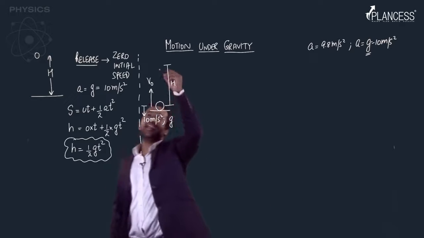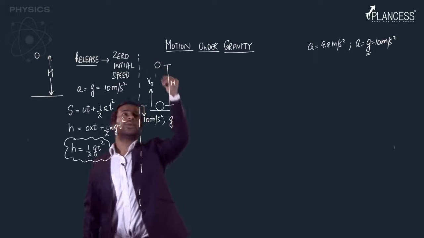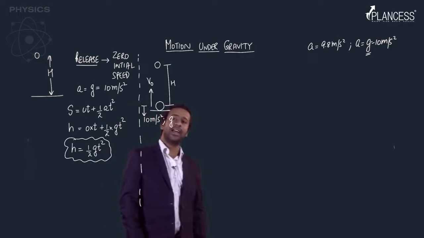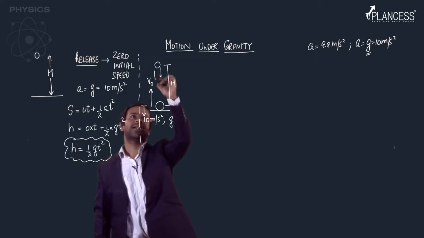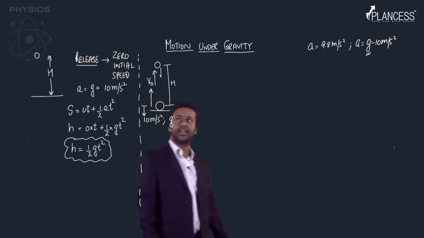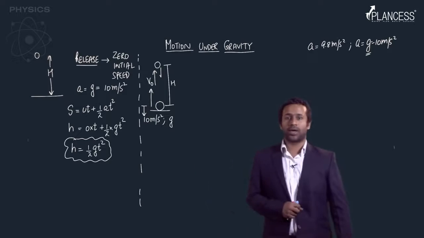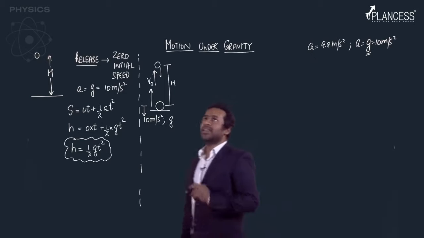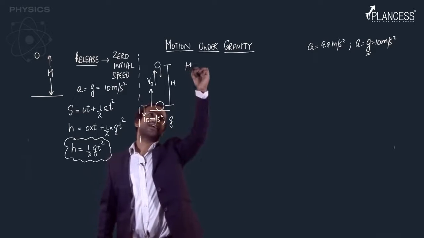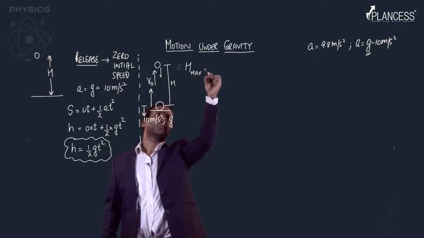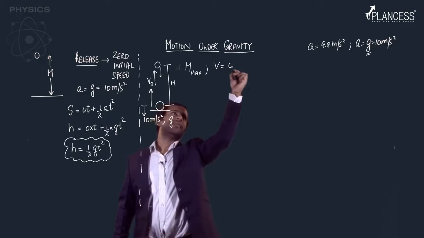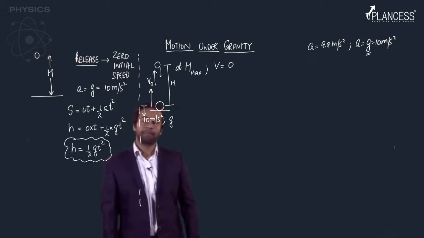So when the speed reduces to 0, that will be the maximum height attained, and after that the particle will start to fall again. So particle first rises up to this height and then starts to fall again. So we see that the condition for h max is that the final speed becomes 0, right?